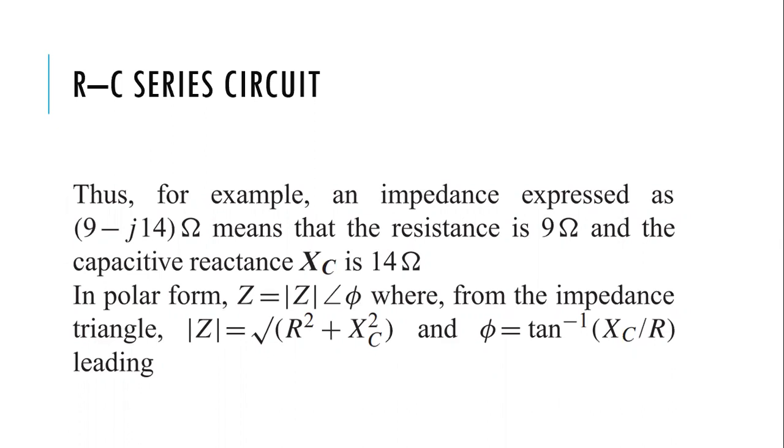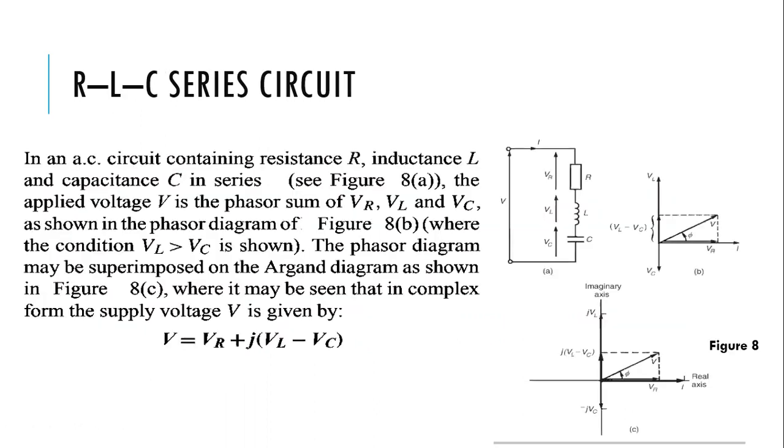You can also express it in polar form: Z is the modulus of Z at an angle of phi, where the modulus of Z is the square root of R squared plus XC squared, and phi is arctan XC over R.